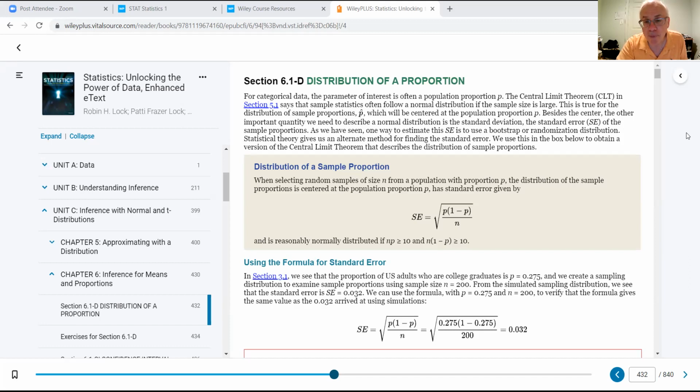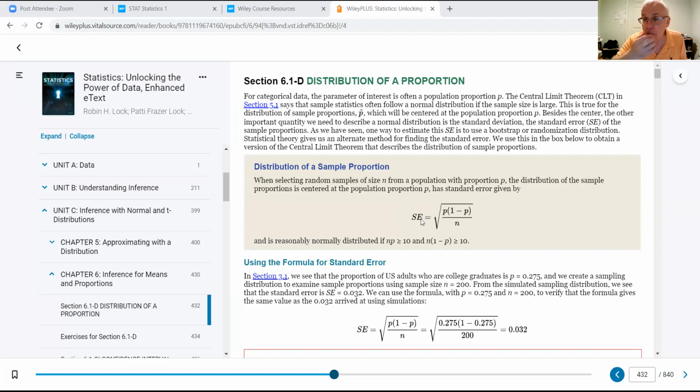First of all, if we're dealing with a sample proportion, and we want to find the sampling distribution of sample proportions, we can calculate what's called the standard error. That's the standard deviation of the sampling distribution, if you remember.